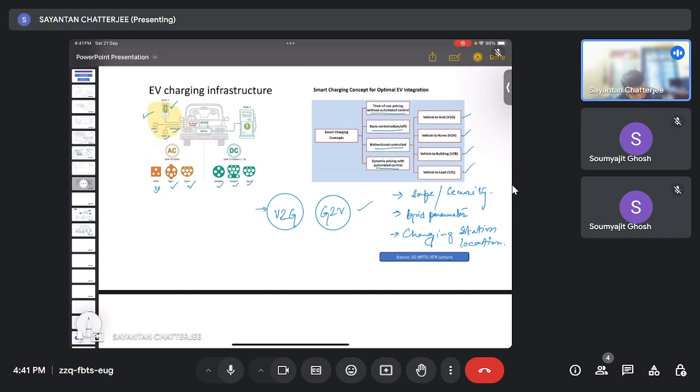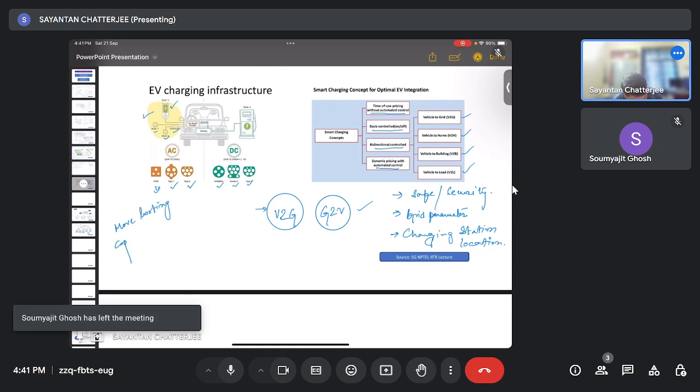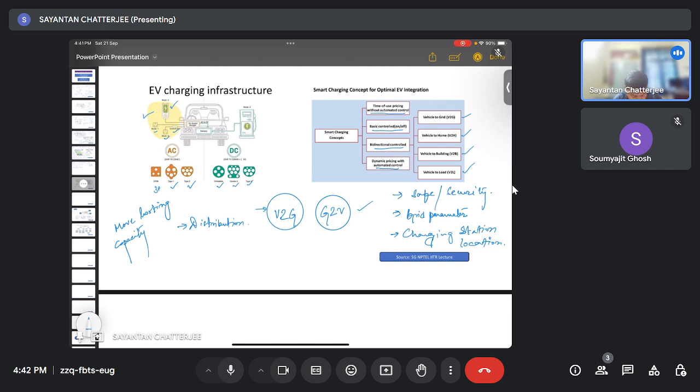for utility distribution versions, more hosting capacity. For utility transmission operators, this is for the distribution. Now for the transmission, there has to be some aim.